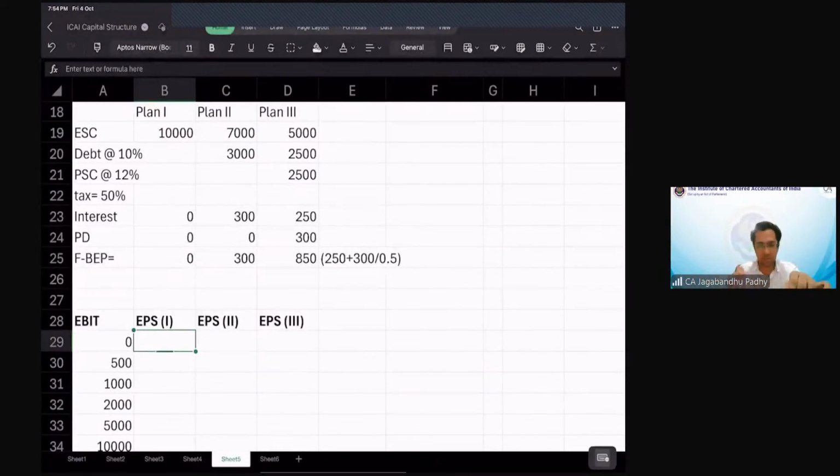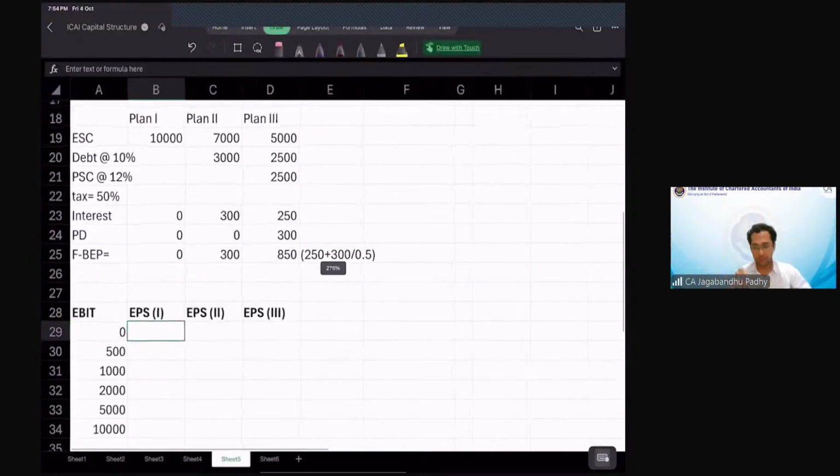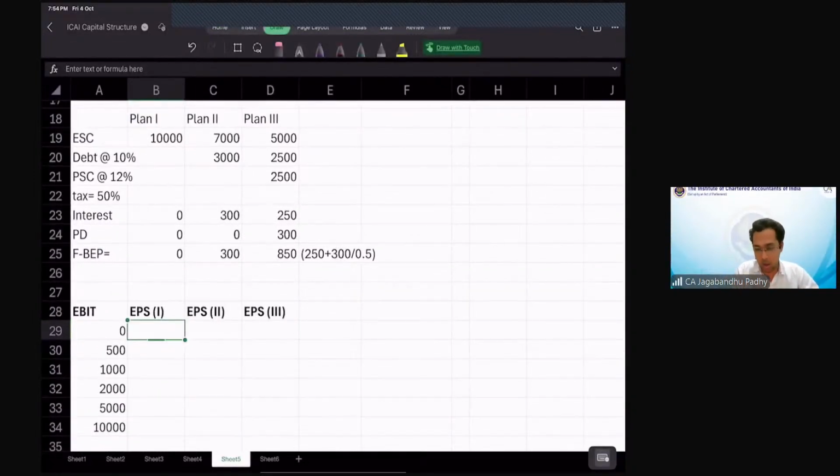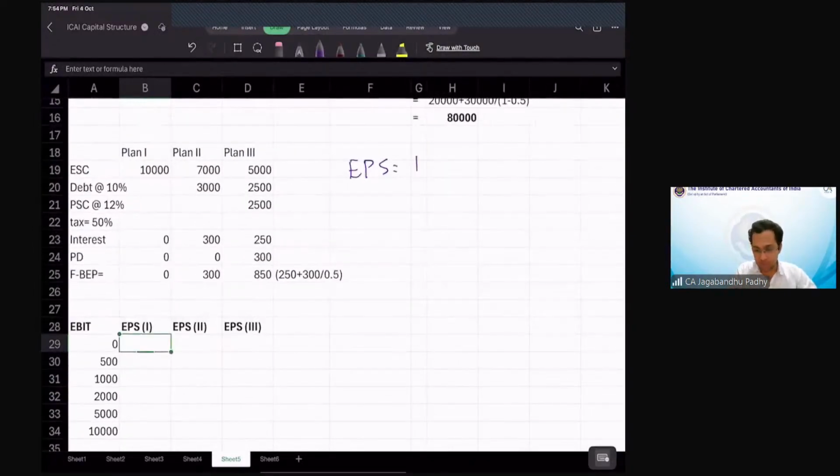Now let me just give you a simple idea. How do we really compute the EPS figure? See, we start with EBIT. From EBIT, we are going to subtract the interest, correct? We make EBIT minus interest.